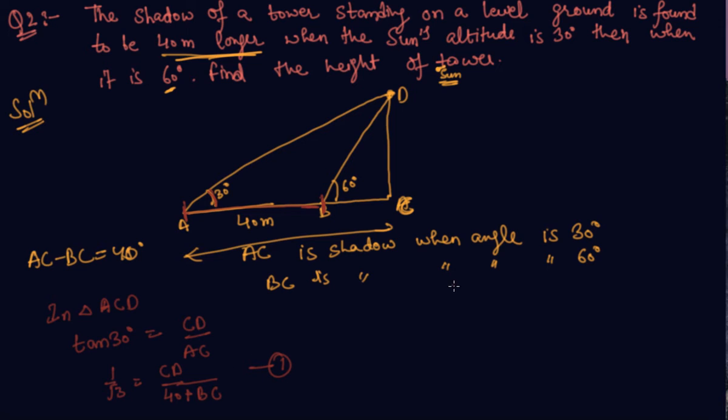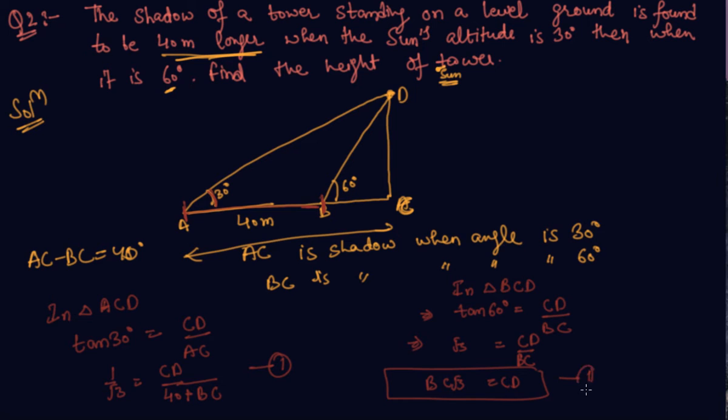Now comes the second equation, the second triangle. In triangle BCD, tan 60 will be CD upon BC. Tan 60 is root 3, which equals CD upon BC. From this I can write that BC root 3 is CD. This is our equation 2.